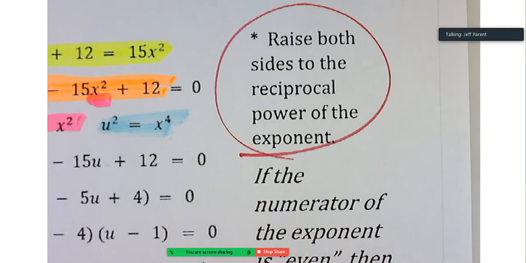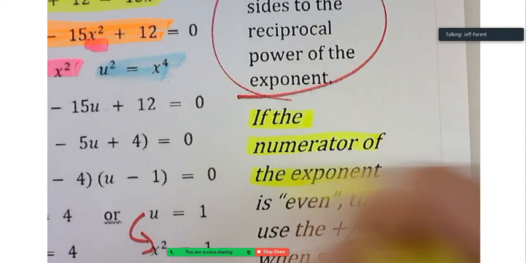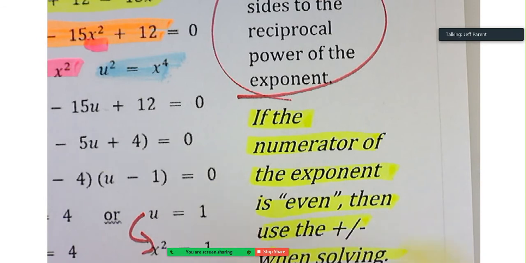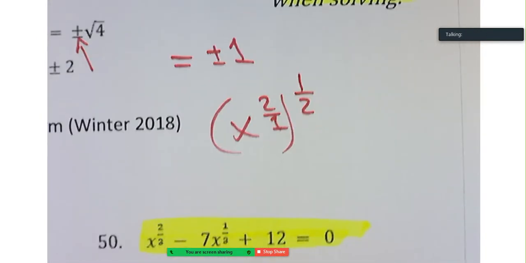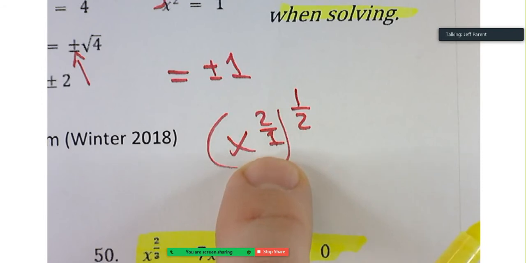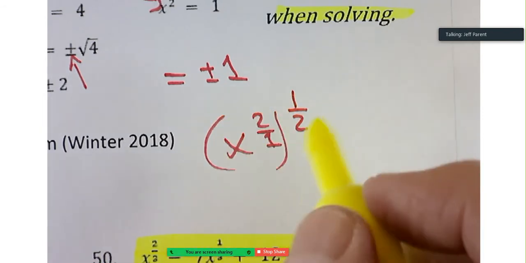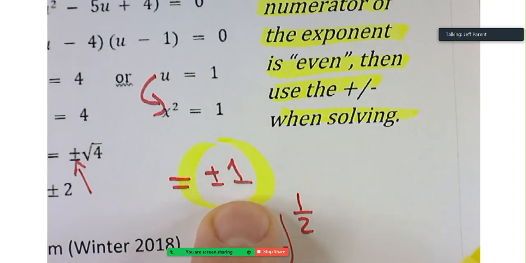That works great, but keep in mind this little reminder: if the numerator of the exponent is even, then you have to use the plus or minus. Looking down here, the numerator is even. That's 2 over 1. So when I take the 1/2 power on both sides, that's where I've got to use the plus or minus.